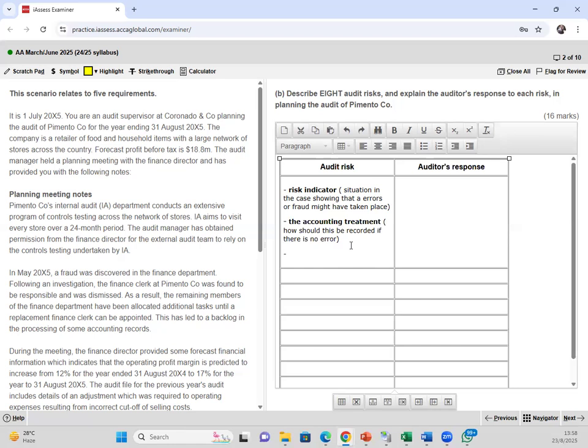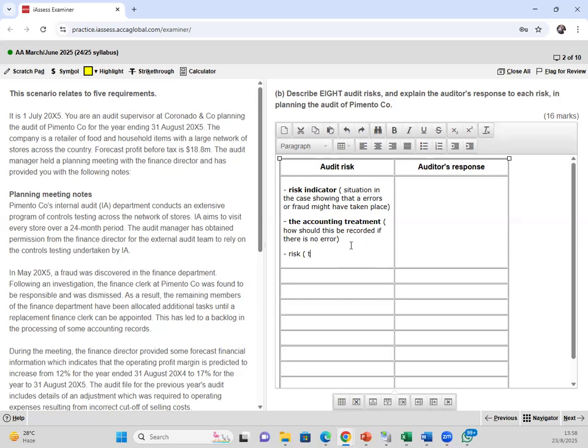Then we move on to the last stage, which is the risk now. If you are on stage number 3, you are now telling us the risk. You are now telling us what could be understated, what could be overstated.